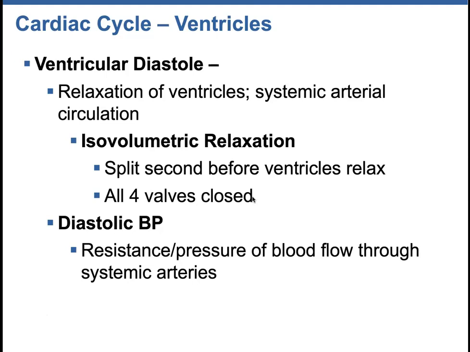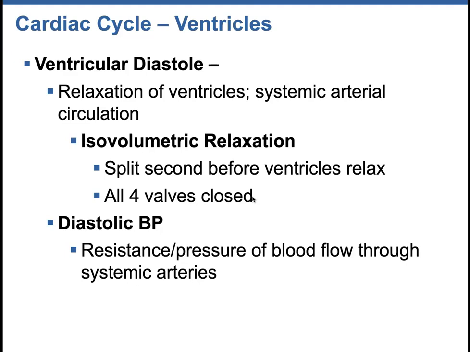Because remember, what just happened was those ventricles contracted, ejected the blood out, the valves in the semilunars, right, your aortic and your pulmonary valve are closed, and right as that heart was contracting, we also had the bicuspid and tricuspid valves closed. So that's why these 4 valves are also closed during isovolumetric relaxation.